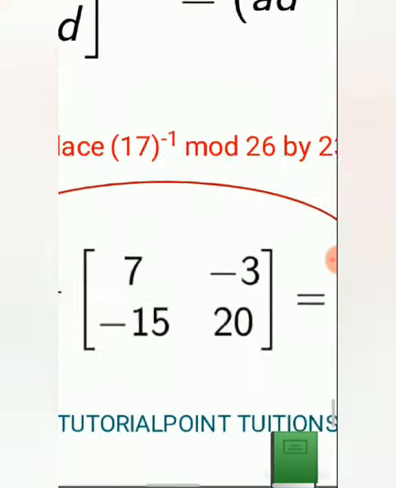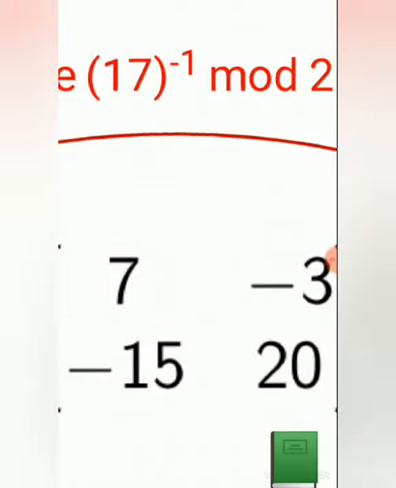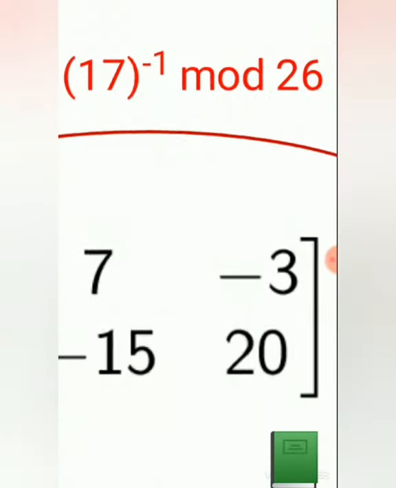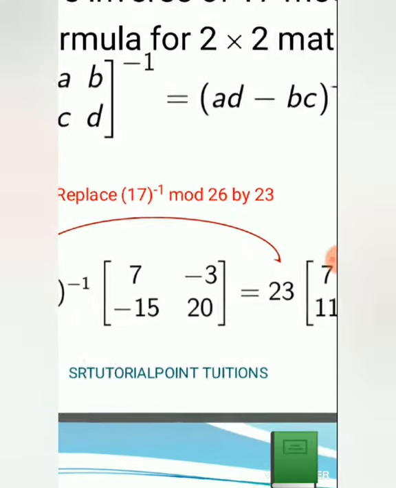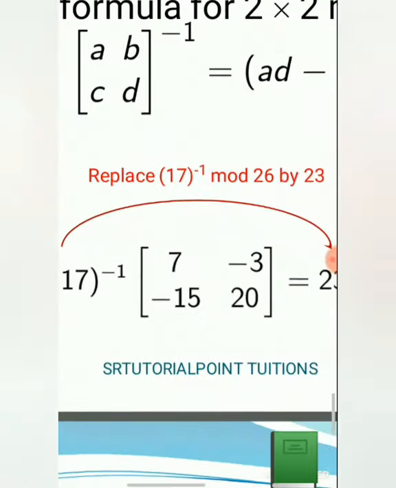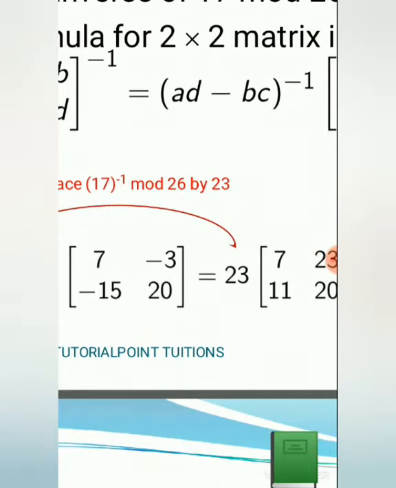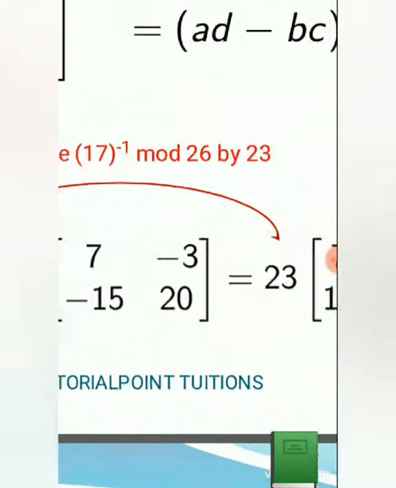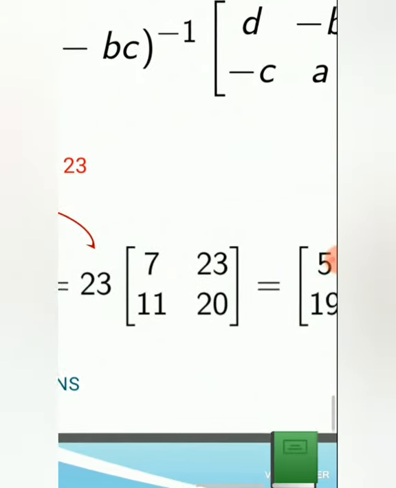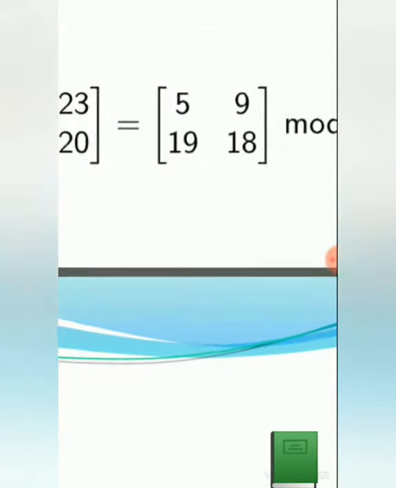A will be replaced in the place of D and D will be replaced in the place of A. We change the sign of the other diagonal, B and C. Then the inverse of 17 mod 26 is 23, so 17 is replaced by 23. Then finally you multiply inside, and you get 5, 9, 19, 18.